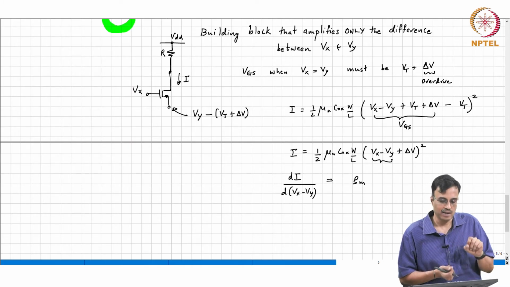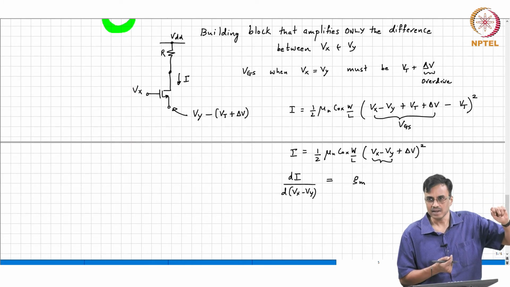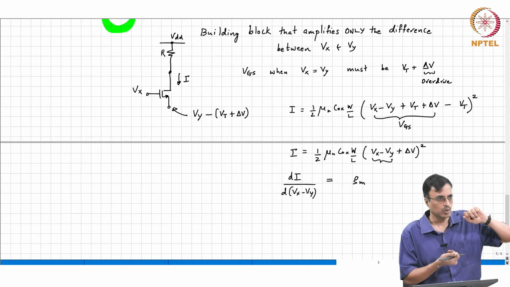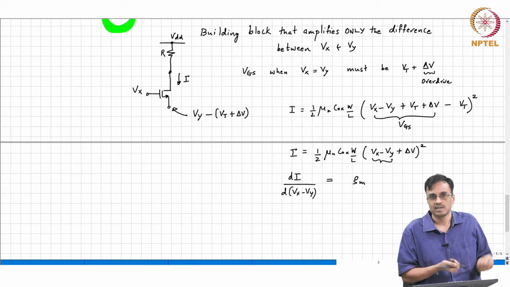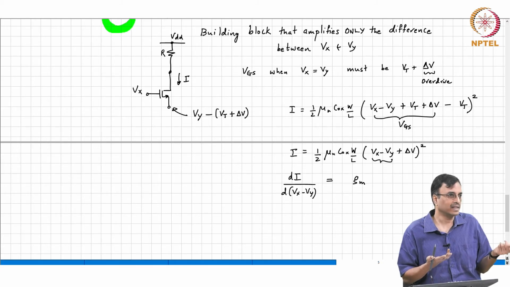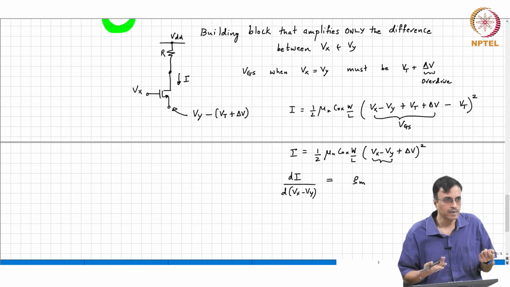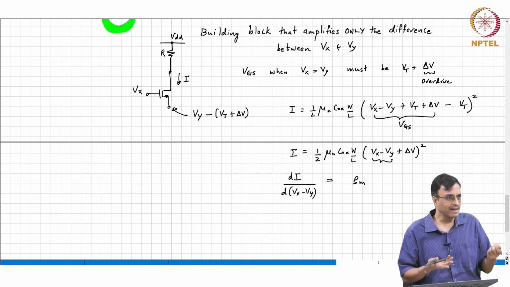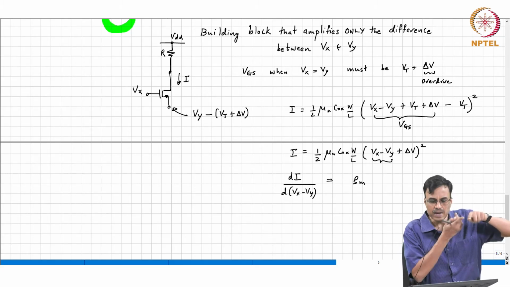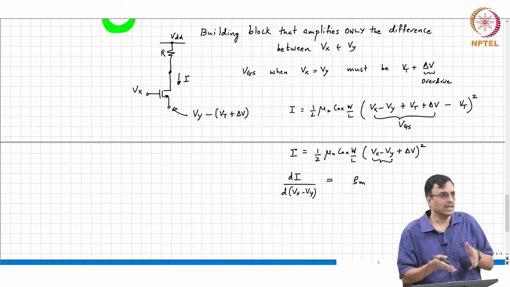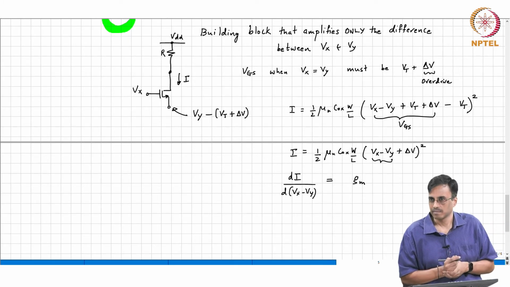So, we apply one of the voltages at the gate, the other one at the source. If you directly apply the other voltage at the source, we end up with a contradiction because the transistor is going to be off. So, to keep the transistor alive, what we must apply at the source is not the second voltage Vy itself, it must be Vy minus Vt plus some overdrive.